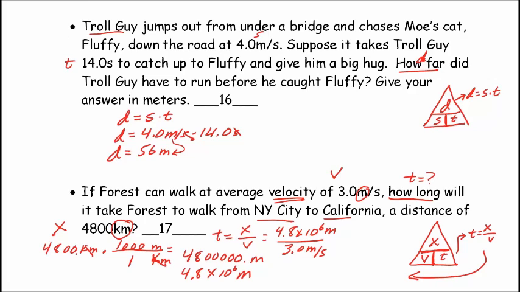And you can see here the meters factor out, and because of that it leaves seconds in our answer, and a second is a time unit, so that's a pretty good indication that we have this problem set up correctly. And if we work this out, it works out to 1.6 times 10 to the 6th seconds. That's 1.6 times 10 to the 6th seconds, and there is our answer.